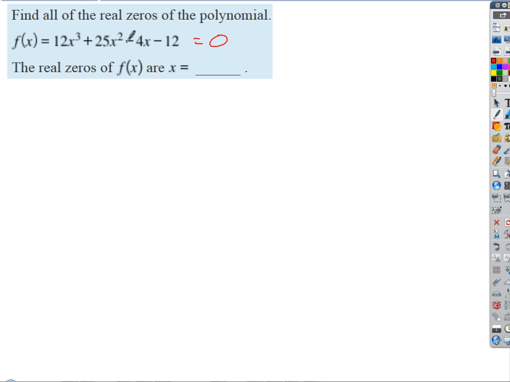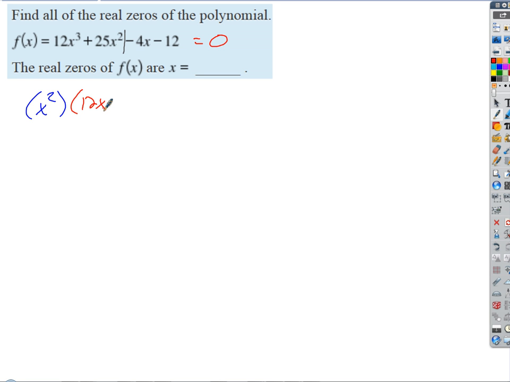If I split this in half, what's going to be the greatest common factor of the first group? X squared, because there's no number that divides into both 12 and 25. So it's just going to be a plain old x squared. What's that leave behind if I divide out the x squared? What's 12x cubed divided by x squared? 12x.